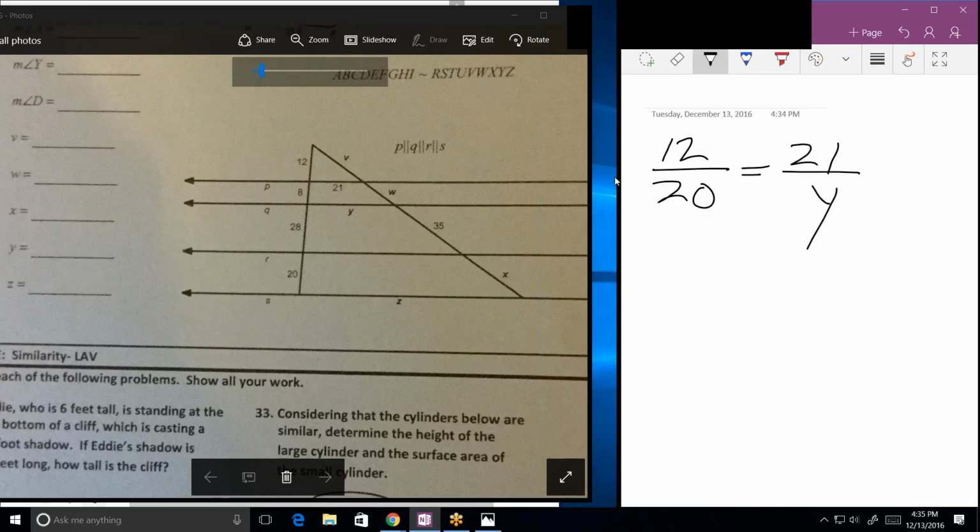Now, what's the next thing you can solve for? What's the ratio you're going to set up? Let's solve for V. That's a little harder. How? It's a good question.